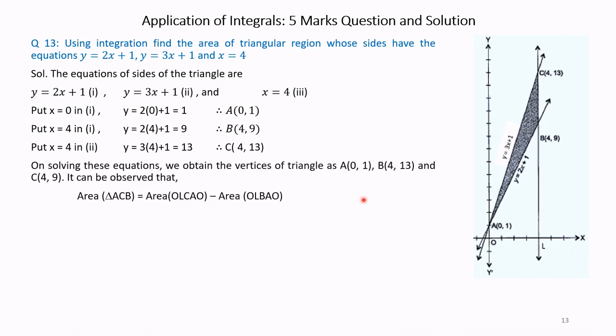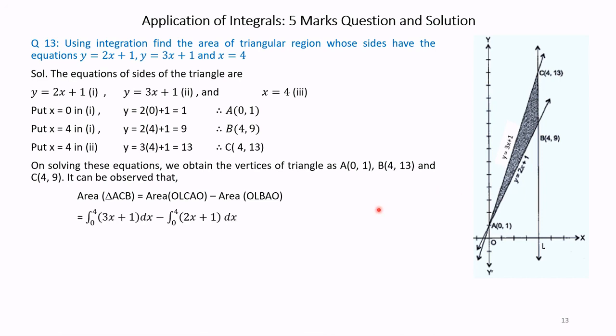So therefore, the area of triangle ACB is given by the total area OLCAO, this whole area, minus the area OLBAO. So if we subtract the outside of the shaded portion, we get the required area.